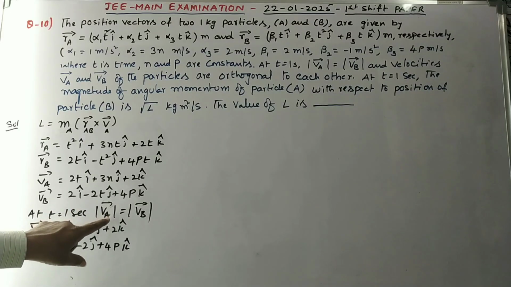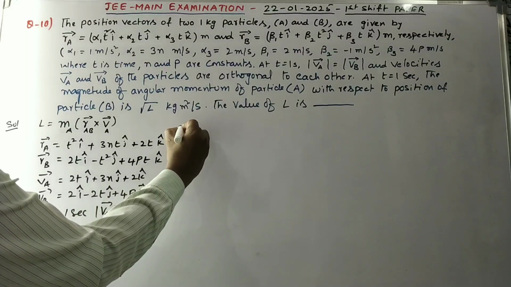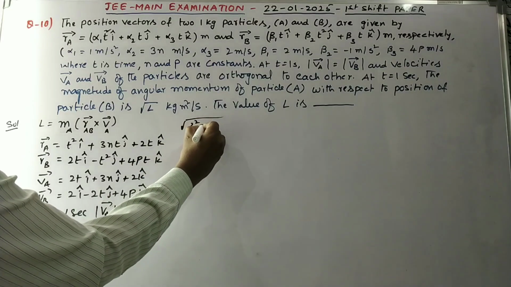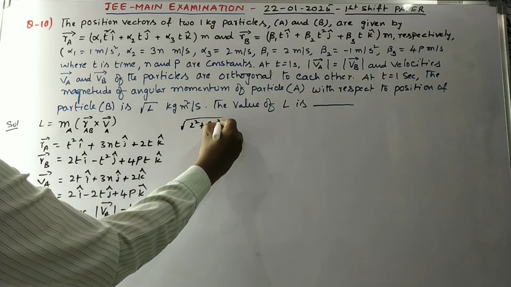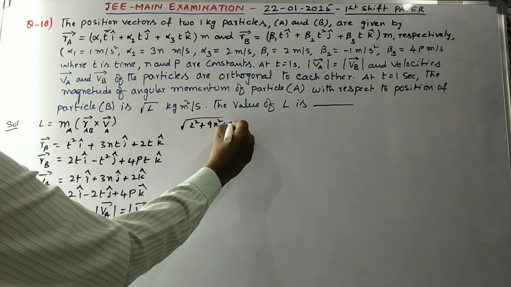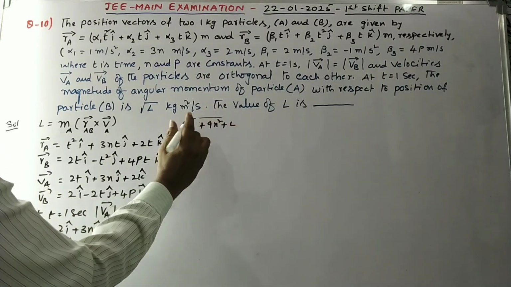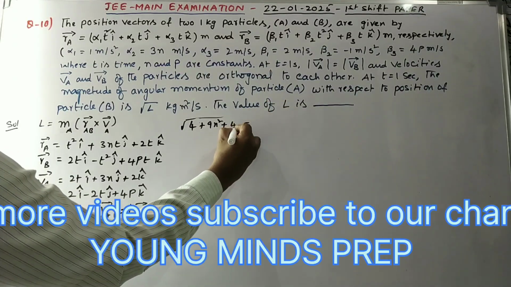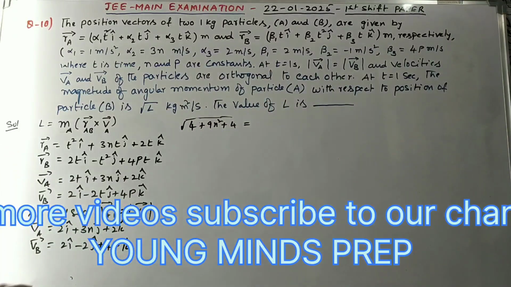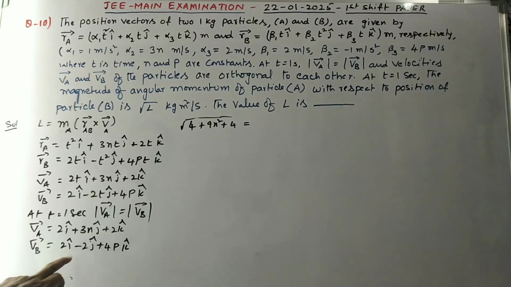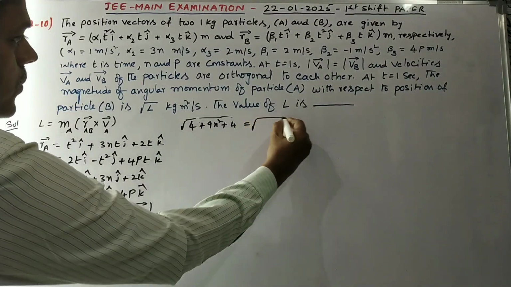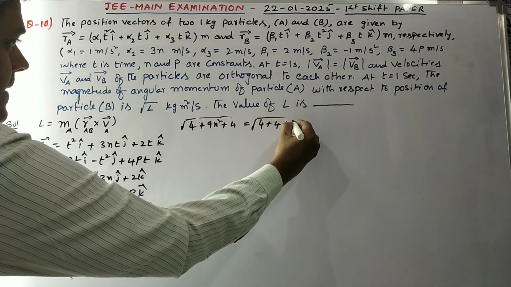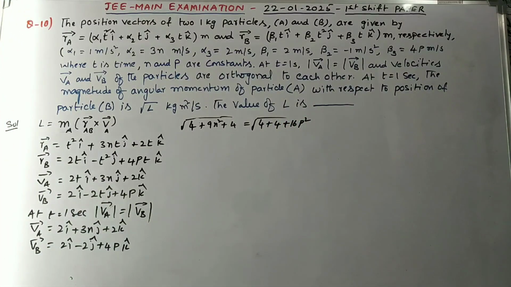What is the condition? The velocity magnitudes are equal. That means root over 2 square plus 9n square plus 2 square, which is 4 plus 9n square plus 4, is equal to root over 4 plus 4 plus 16p square.